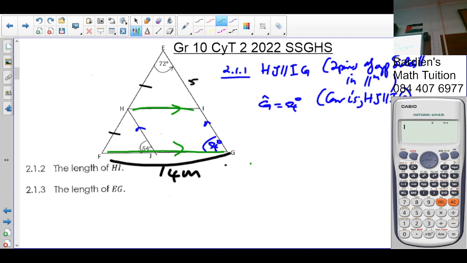Not so. Is that not the case? Yes. So are those two lines parallel? Yes. So in 2.1.2, we know that HI is parallel to FG.